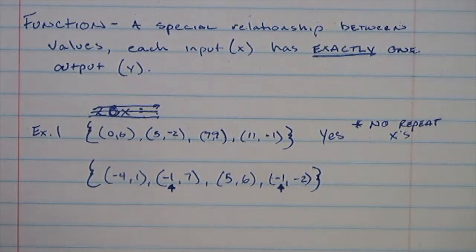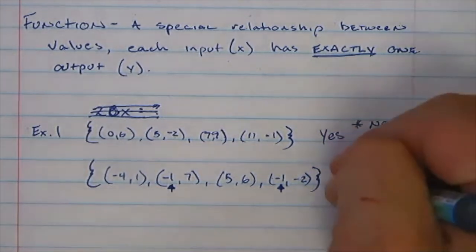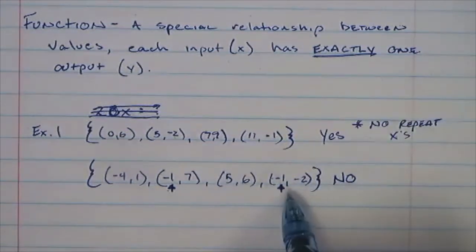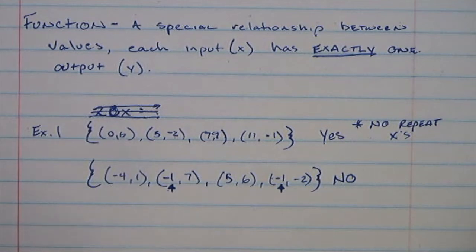This is not going to do a good job at governing some situation. So this would be a no, highlighting again that we have two repeating x values, and that's a big deal in this unit. You cannot have functionality if you repeat x's.